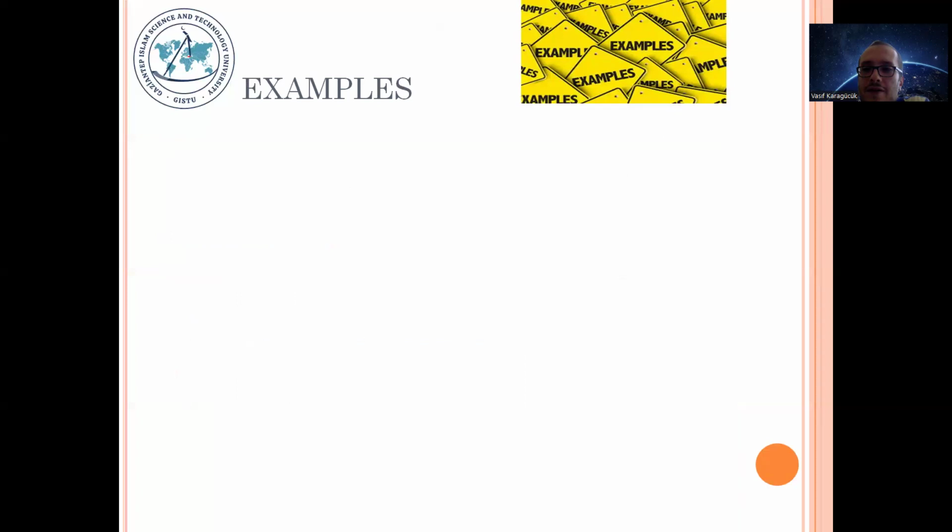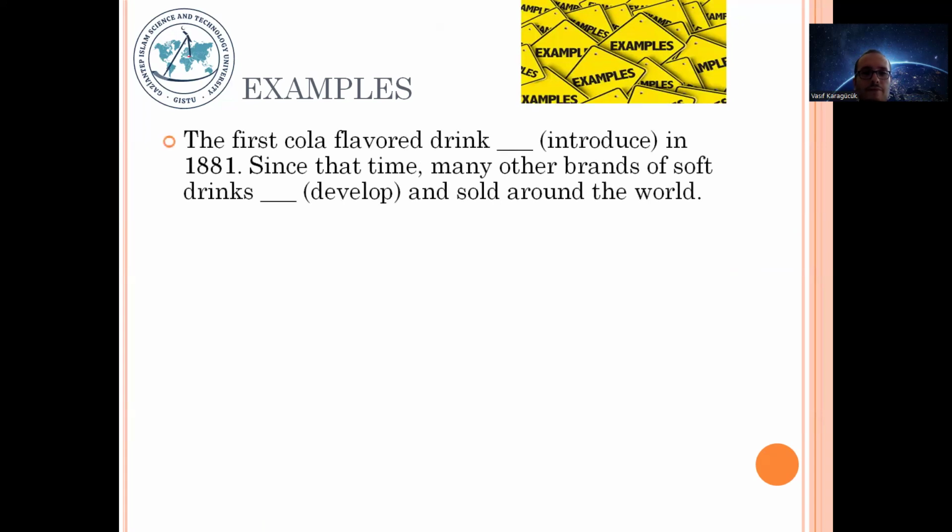Let's do more examples, because as I said before, practice makes perfect. The first cola flavored drink in 1881. So I have to use simple past. Since that time, many other brands of soft drinks and sold around the world.